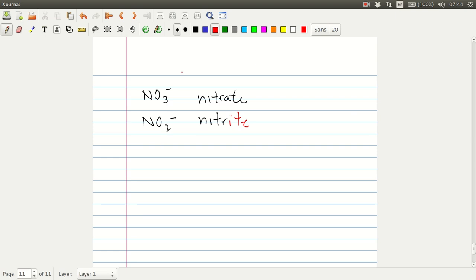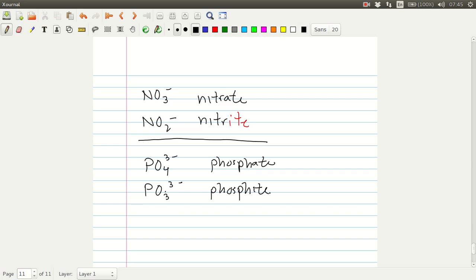Okay, how about PO4 3 minus, and then we can have PO3 3 minus. Okay, so PO4 3 minus is phosphate, so PO3 3 minus is going to be called phosphite. And of course all of these are ions, ion, ion, and ion. Okay, and so that's the ATE-ITE rule.